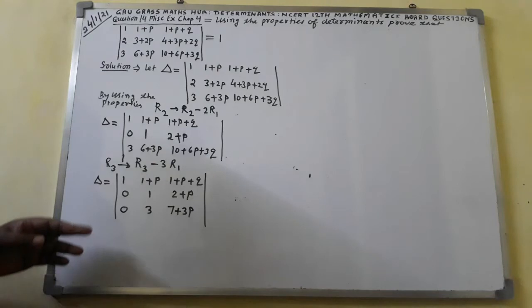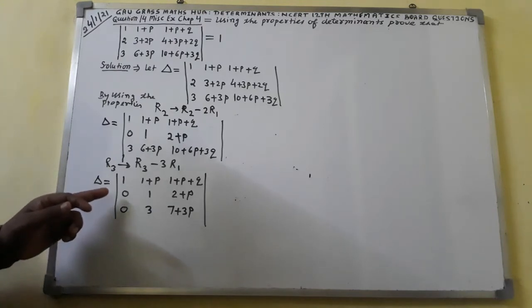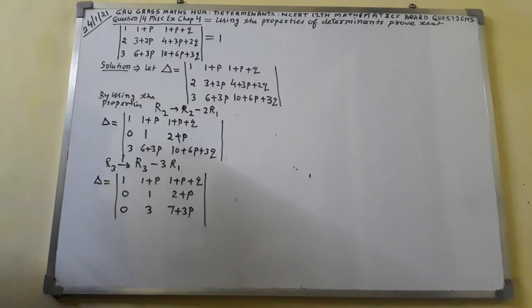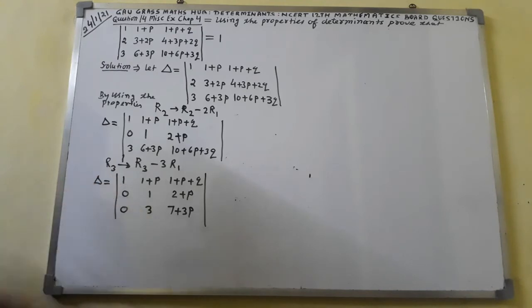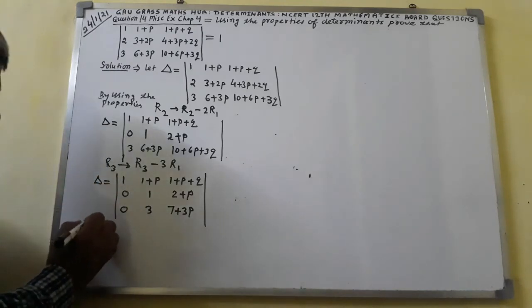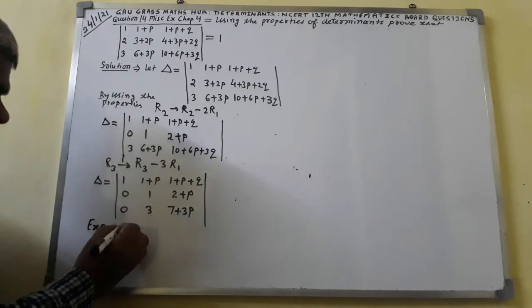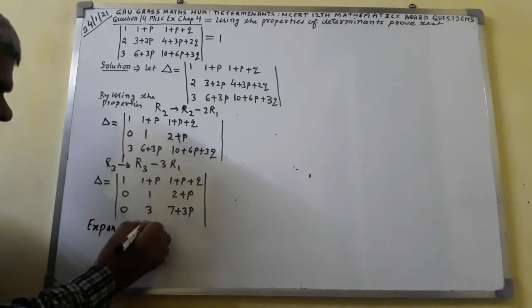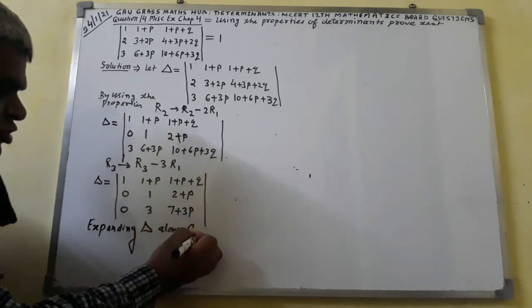Now here you can see in first column you have got 0 at 2 places. So what we will do? We shall expand this determinant along first column. So here I shall write expanding determinant along C1.